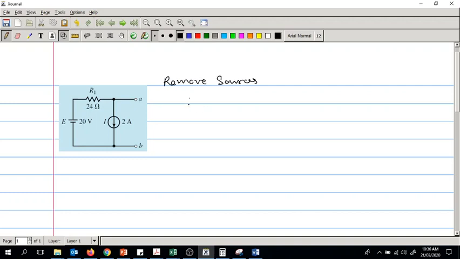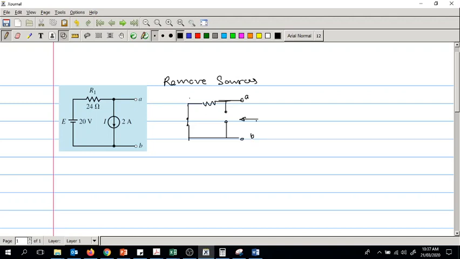If you remove sources, we will get this circuit. The voltage source will be removed, which will become a short circuit, and the current source becomes an open circuit once it is removed, that we discussed last time. So this is my A and B.